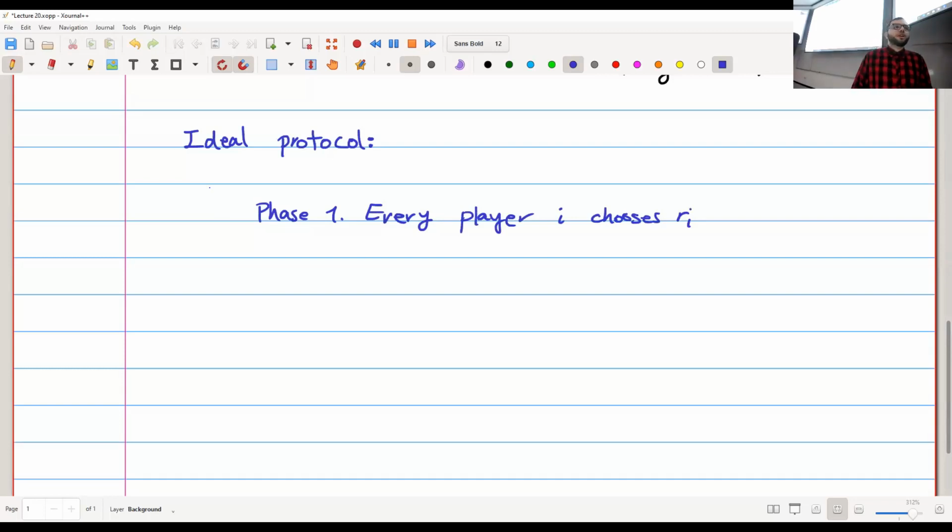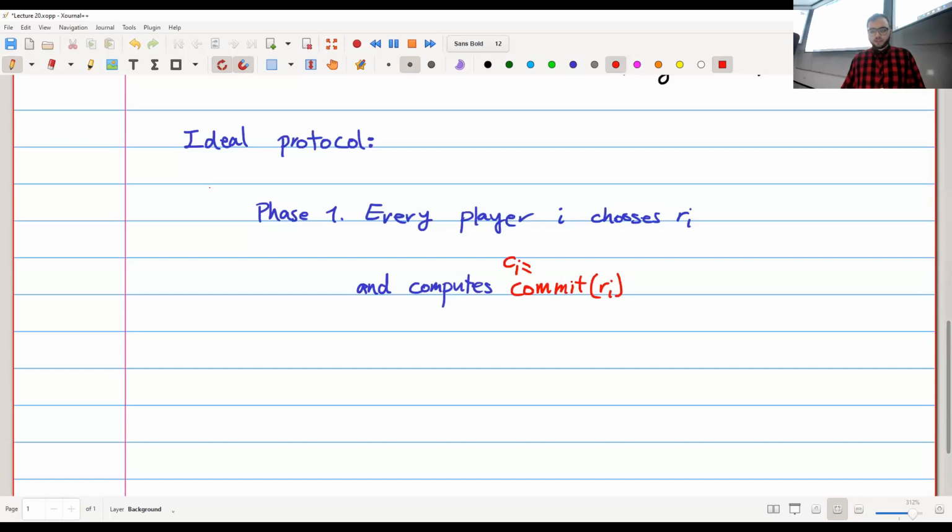And then I want them to commit to this. So let's say that I have some commitment function. It's not necessarily a hash function anymore, but let's say I have a function that's used for commitments. So this player I computes some function, let's call it commit of RI, and let's call this commitment CI.